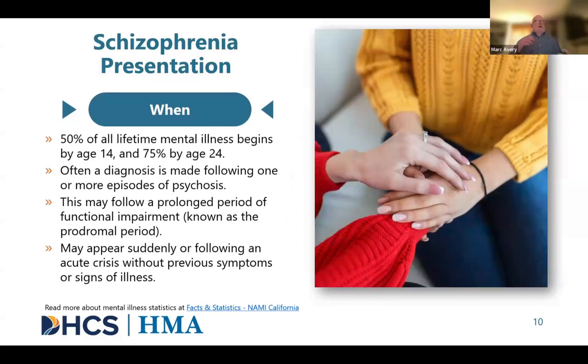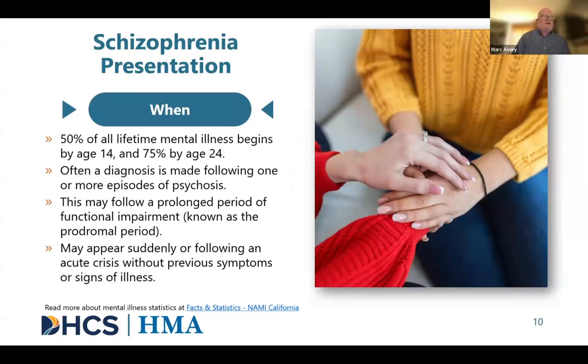Let's first talk about how it begins in a person. Schizophrenia most typically presents in teenage years or early adulthood. Often, a diagnosis is made following one or more episodes of psychosis, and we'll define that word psychosis in a moment.